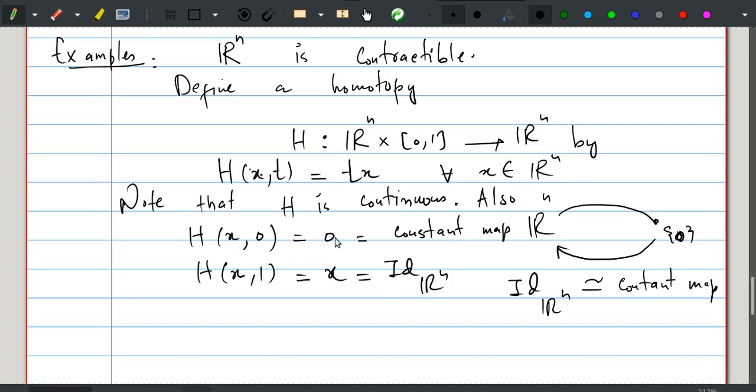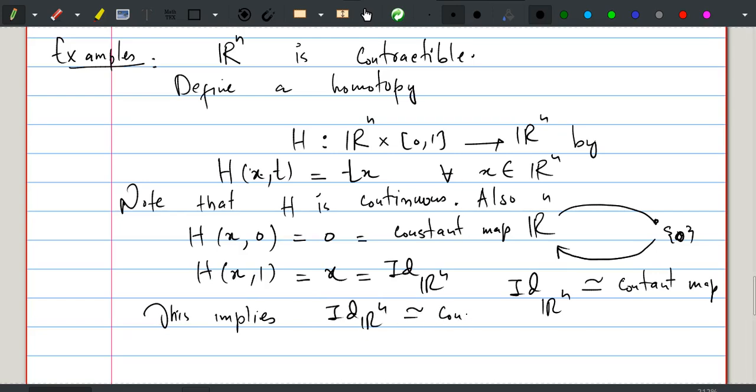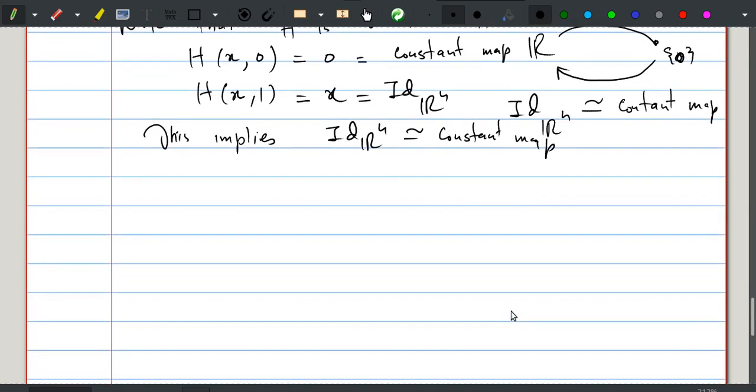So this implies this constant map is homotopic to this identity map. So by the previous observation, it follows that Rn is contractible.